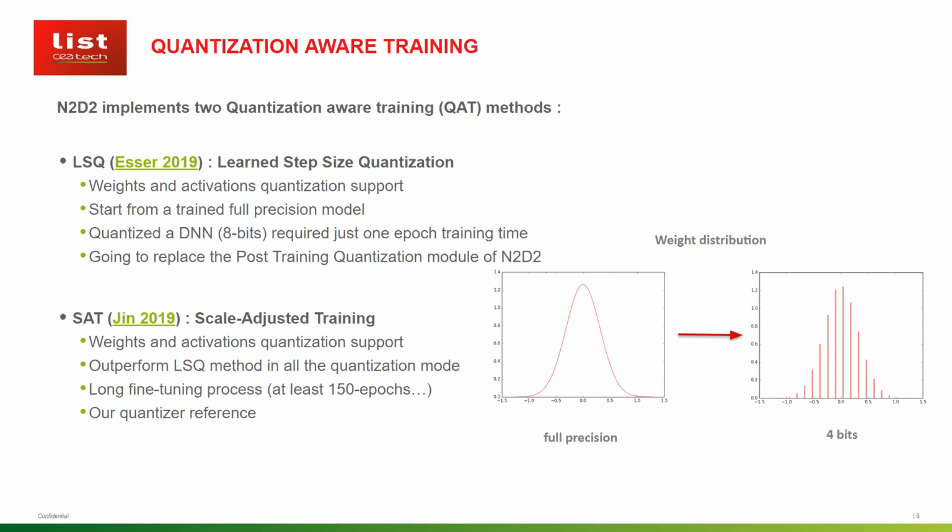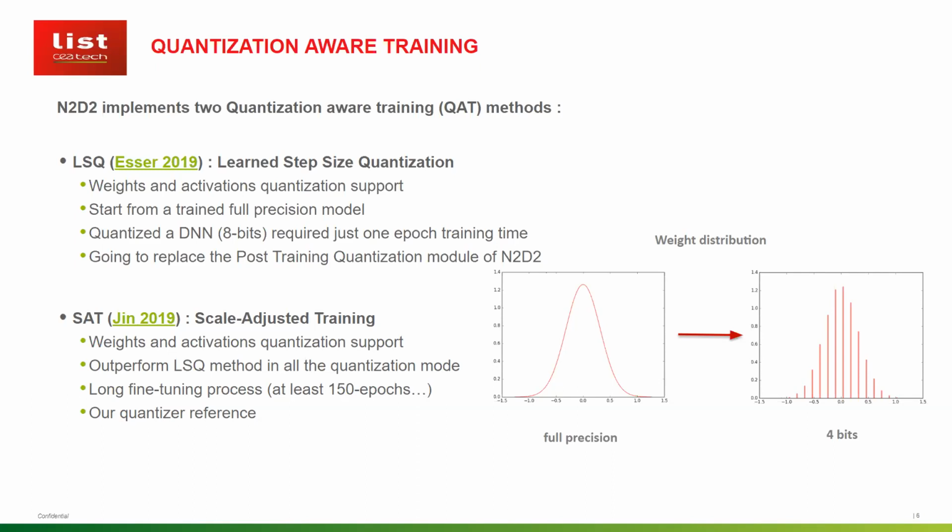And when we quantize, which is actually what we call fake quantization, because here on the right you can see we don't fall into true integer numbers like 1, 2, 3, 4, etc. We are still in the same range as the full precision weights, but what happens is just our distribution becomes discretized, and it has a number of bins equal to the range we wanted to quantize. So here, for example, you see a 4-bit weight distribution. So this is how it looks in the network.